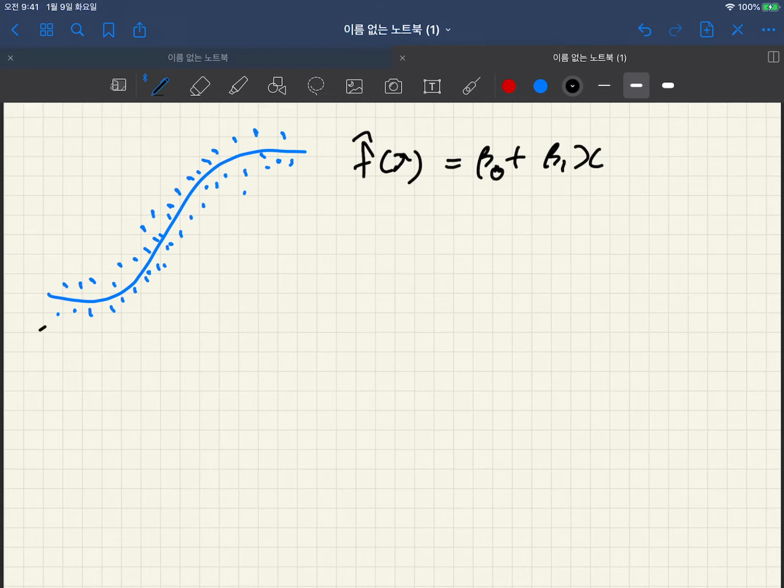And then the solution may be this, right? But the linear model cannot learn these curvatures, and because of the model limitation, there is some bias. So this is called bias error.